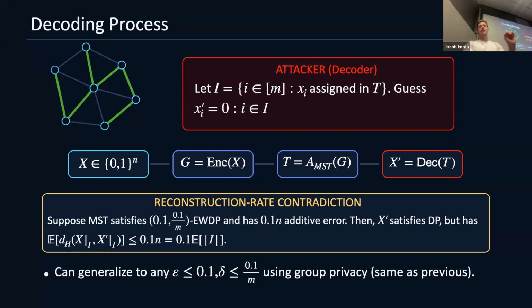It's always going to make n guesses because there's n minus 1 edges in the spanning tree. So that is way less than the size of the index set. So it's like 0.1 times the expected size of the index set. And that's an exact contradiction of the reconstruction lower bound. And then using group privacy, we can strengthen this linear lower bound to 0.1 n over epsilon.